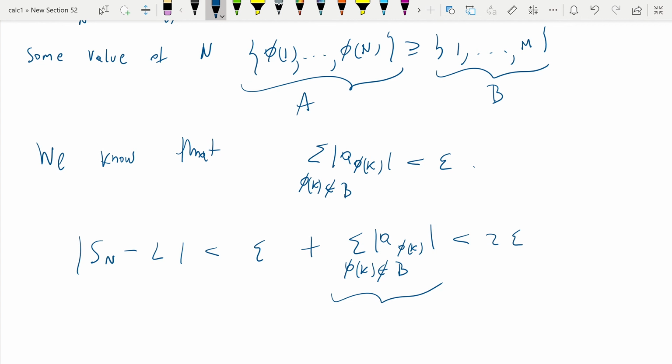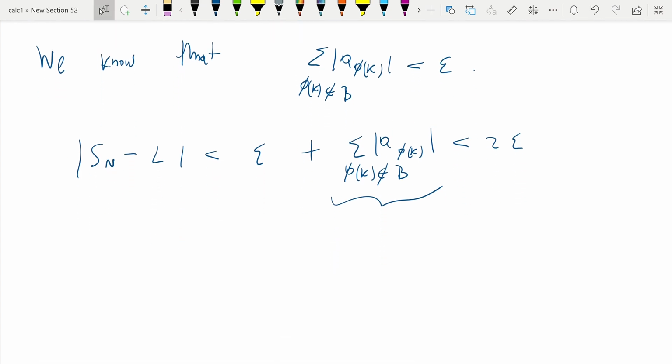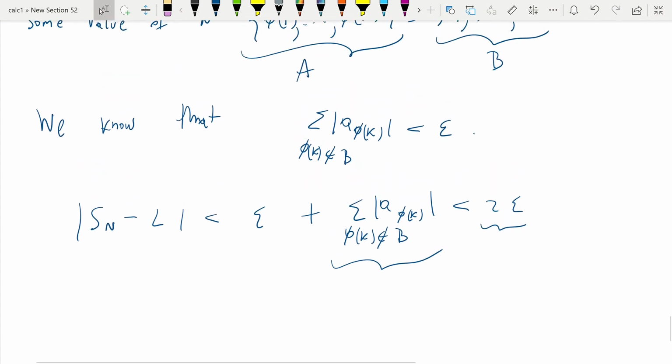So no matter how we add the terms, we're going to obtain the same limit L. And this concludes the proof. Of course, you proved that this was smaller than 2 epsilon.